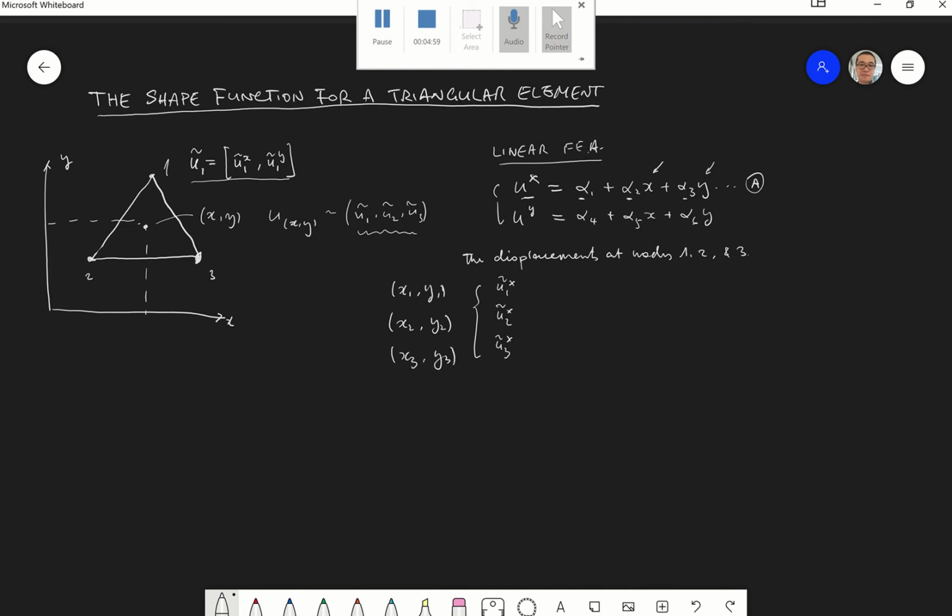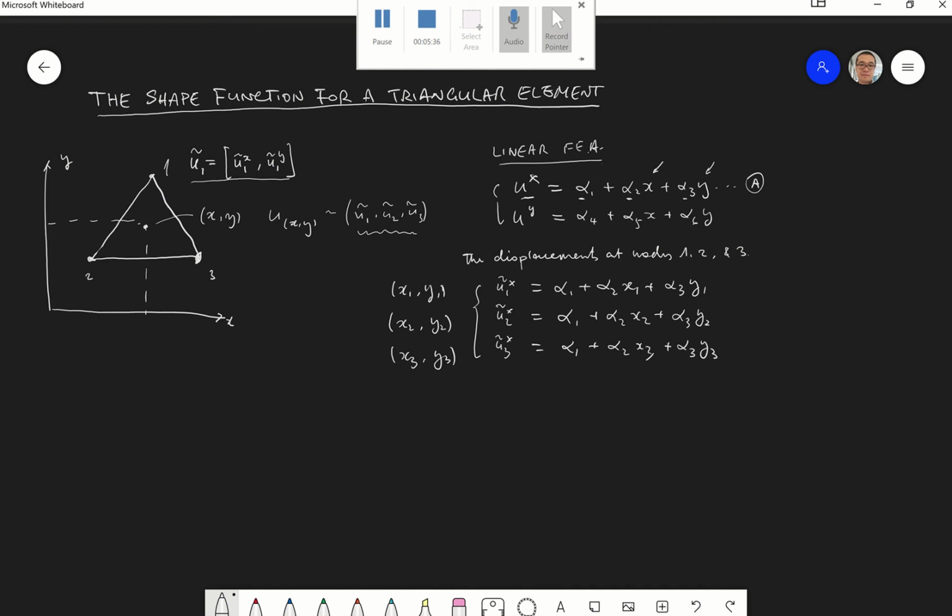And by knowing that, you can write down the equations as u1x equal to alpha 1 plus alpha 2 x1 plus alpha 3 y1, u2x equal to alpha 1 plus alpha 2 x2 plus alpha 3 y2, and u3x equal to alpha 1 plus alpha 2 x3 plus alpha 3 y3.